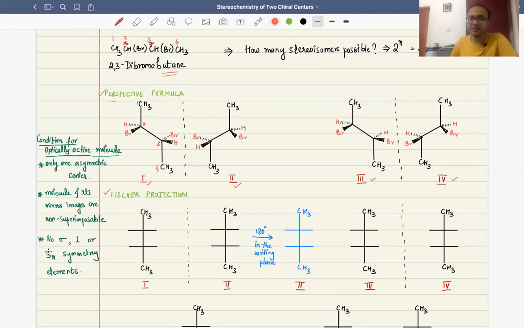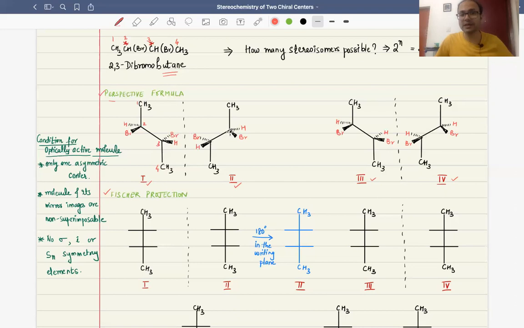If these symmetry elements are present in the molecule, then definitely that molecule is not chiral, or it would be optically inactive. Here what we see is that our 2,3-dibromobutane has asymmetric centers present in them.